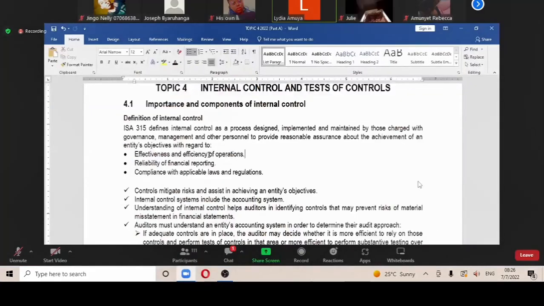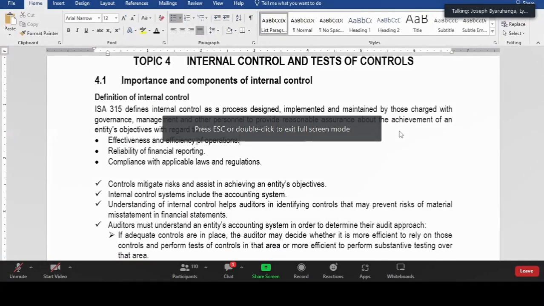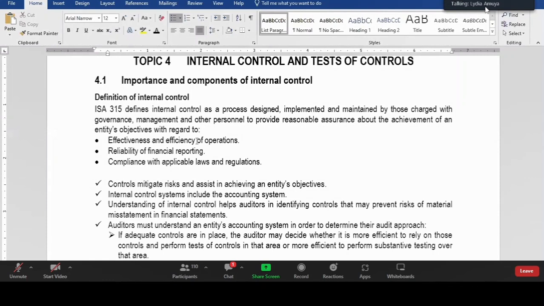Now, reliability of financial reporting: a good internal control ensures we produce reliable financial statements and ensures that the entity complies with relevant laws and regulations.